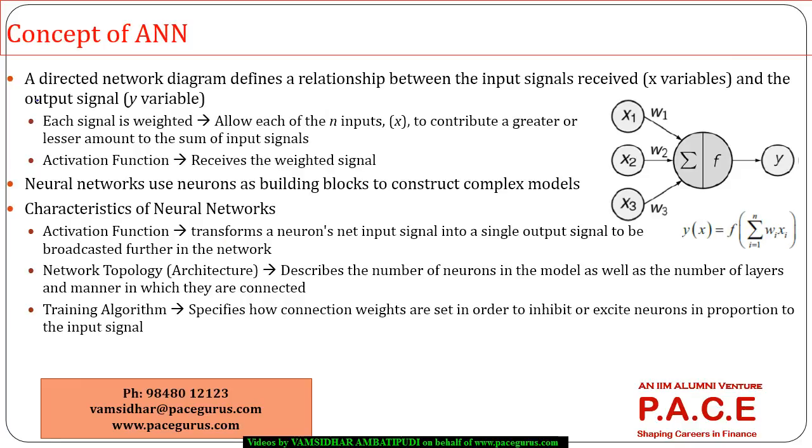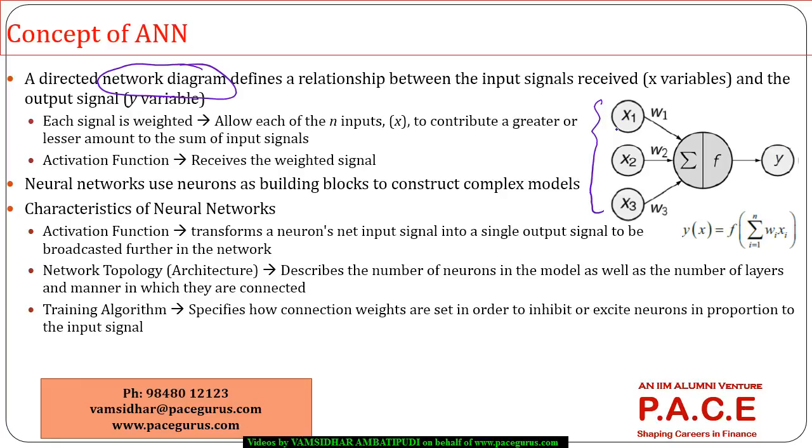Now coming to the basic concept of neural networks. Basically it's a diagram. If we are talking about any kind of network diagram, we are trying to link or put a relationship between different inputs, mapping them to a particular output.